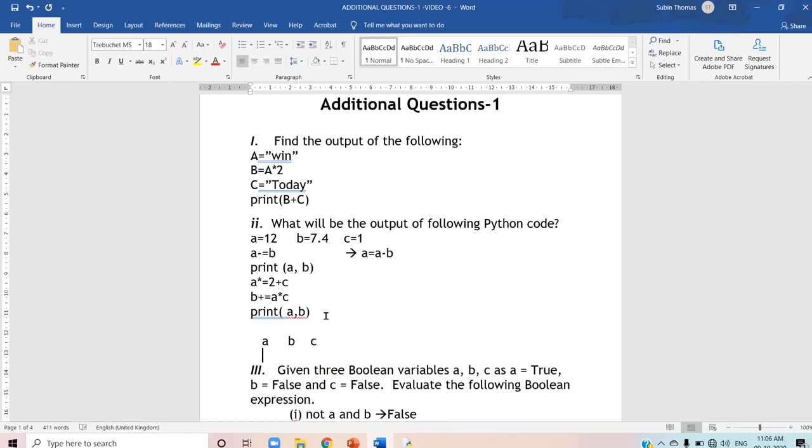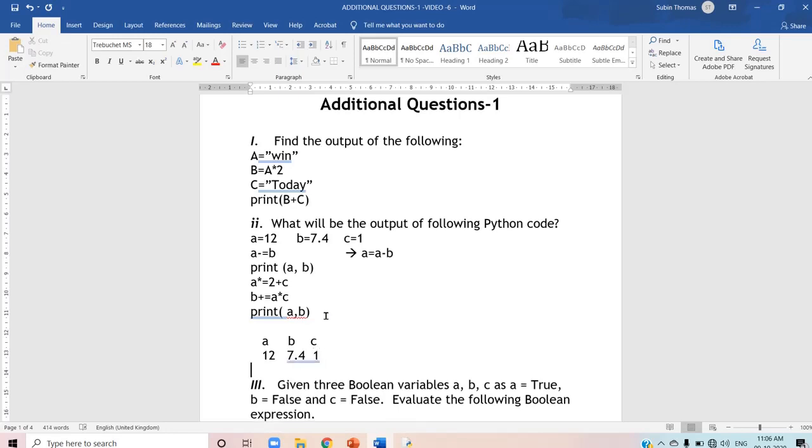Now the first value of A is 12, the second value B is 7.4 and the third value of C is 1. So these are the given values in the question. And now we are calculating A equal to A minus B. That means A is 12 and B is 7.4. A equal to A minus B means you will get A as 4.6. Here A will be 4.6 now.